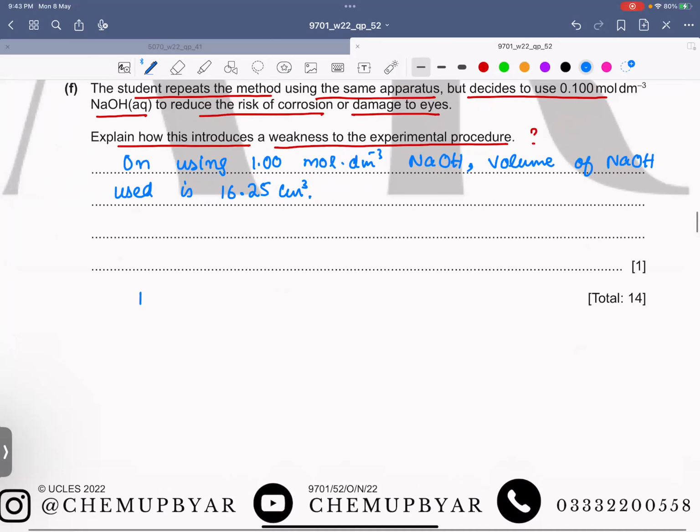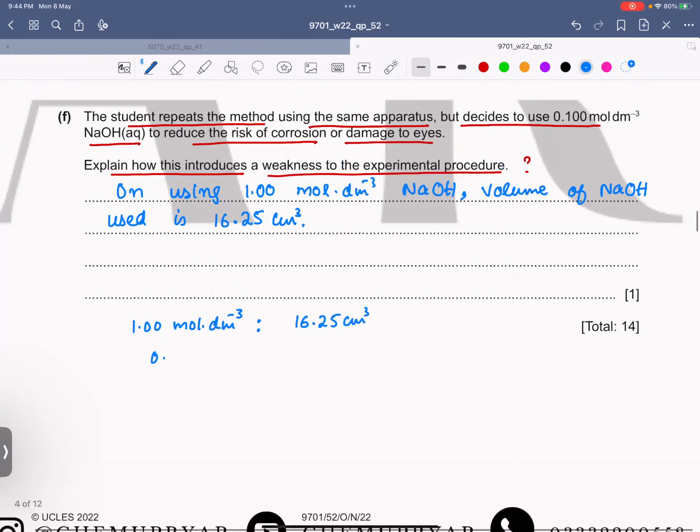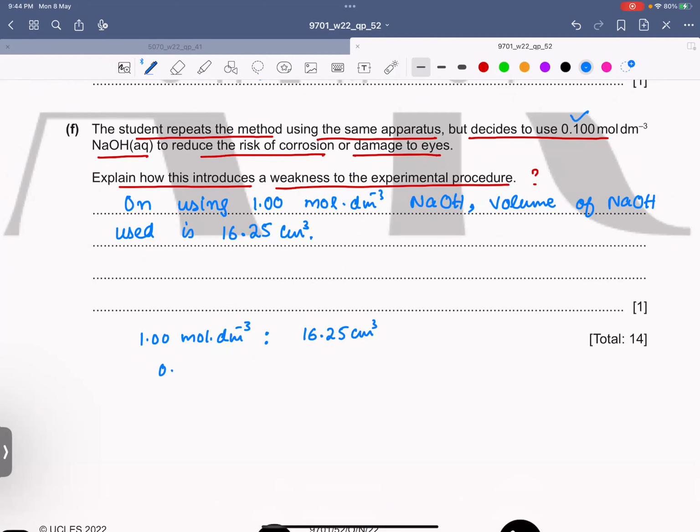So think, 1 mole per dm cube solution, then the volume used is 16.25 centimeter cube. Now think, if instead of 1 mole, as they have provided over here, we would use 0.1 mole per dm cube sodium hydroxide, then what would be the volume that must be used?